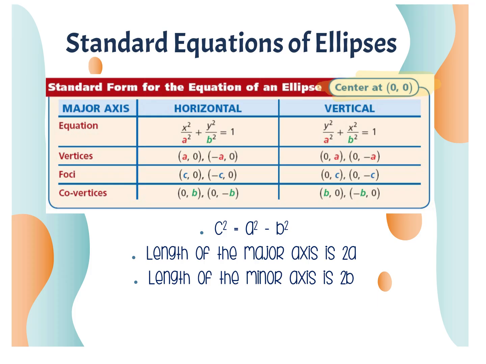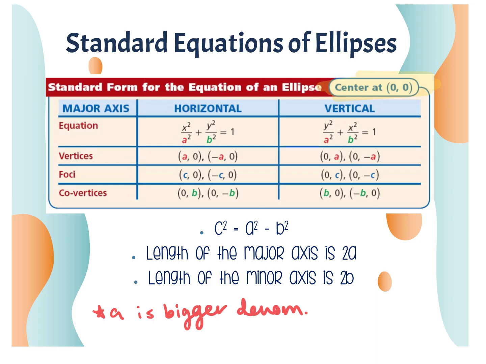A couple important things here is that A is always going to be the bigger denominator. Wherever A is, that tells us if it's going to be a horizontal or vertical ellipse.